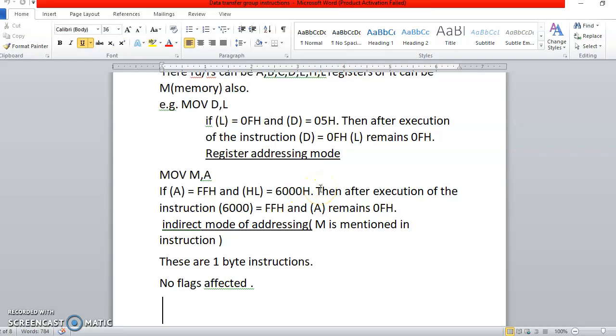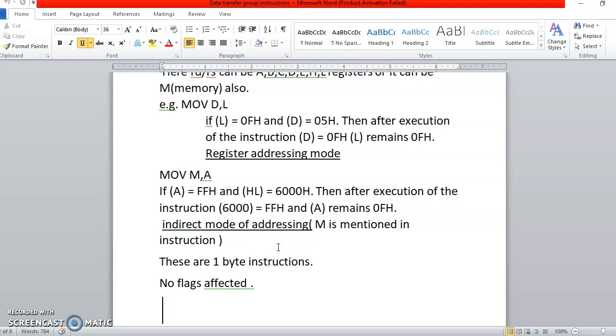Then after execution, the contents of 6000 will become FF, and the contents of A remain FF. So where does this FF go? In the address specified by HL register pair. So this is called the indirect mode of addressing, as M is mentioned in the instruction. Both these move instructions are 1 byte instructions, and no flags are affected. The addressing mode, we will learn afterwards, as I told you.